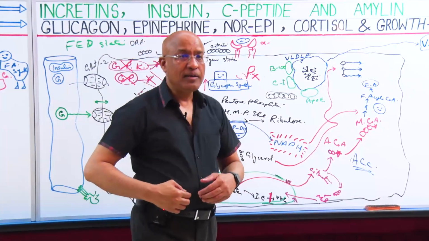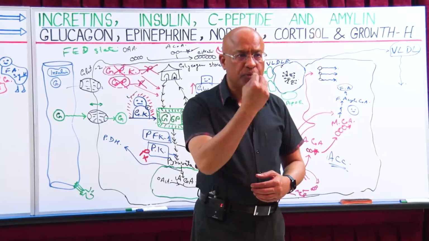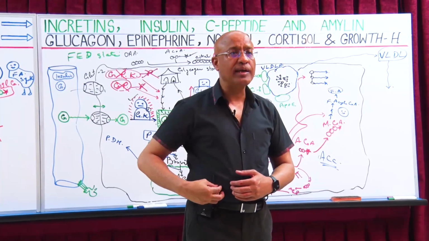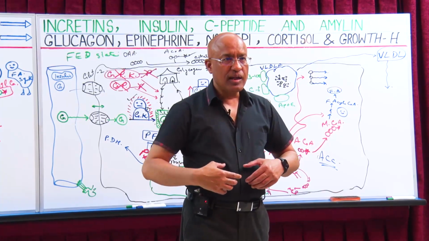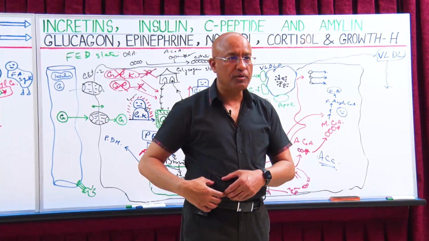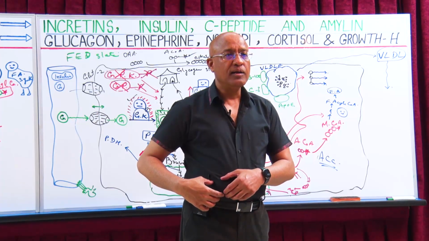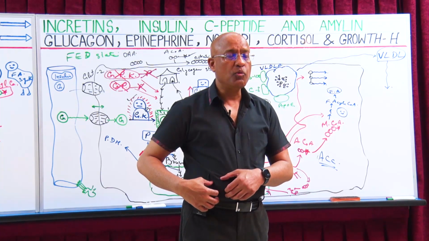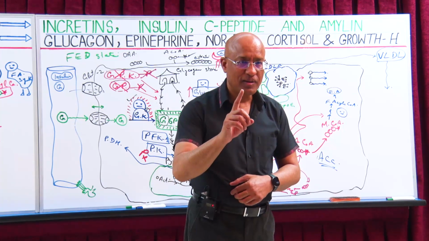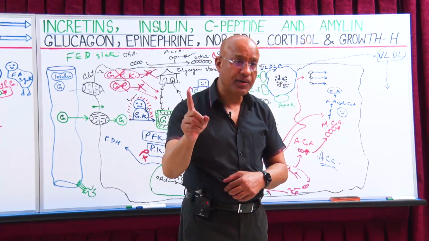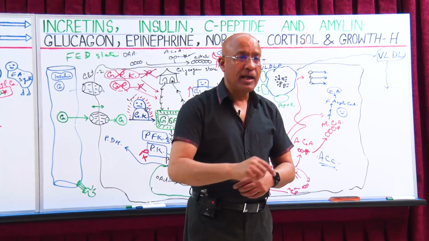But triglycerides are also present in our food, and those triglycerides which are present in our food from the gastrointestinal system, the enterocytes convert them into chylomicrons. Now VLDL is different and chylomicrons are different.